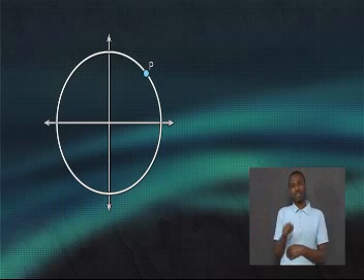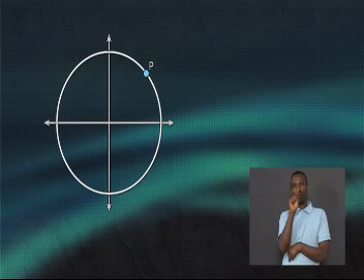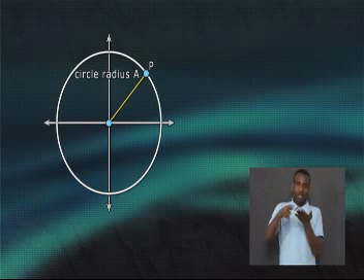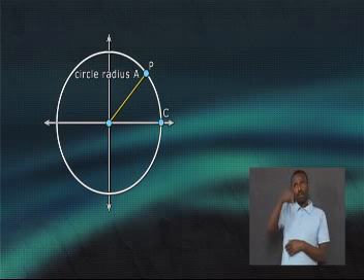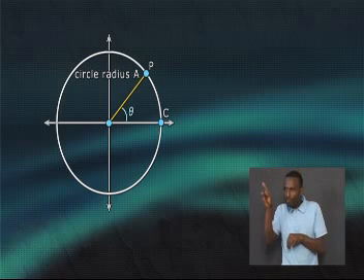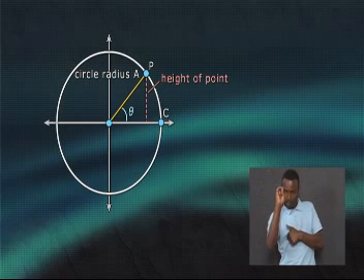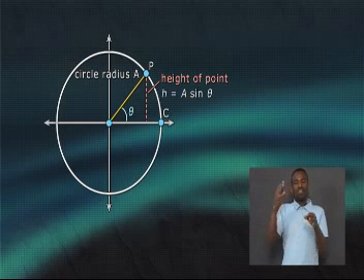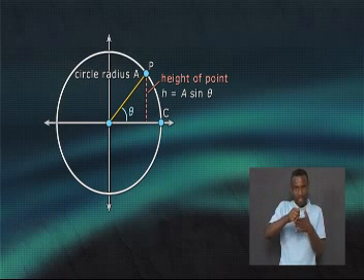Here we see a point, P, moving around a circle of radius A. P begins at point C and moves up through the angle theta. To find the height of P, we can use the trigonometric function sine. Height is given by A times sine of theta.